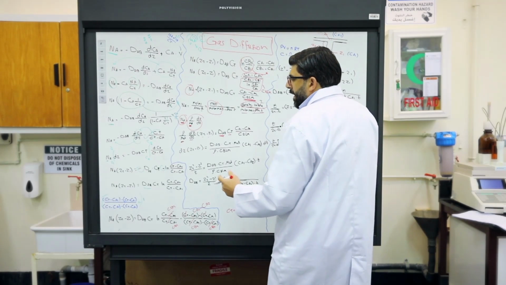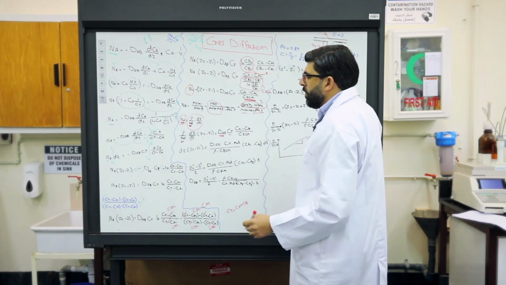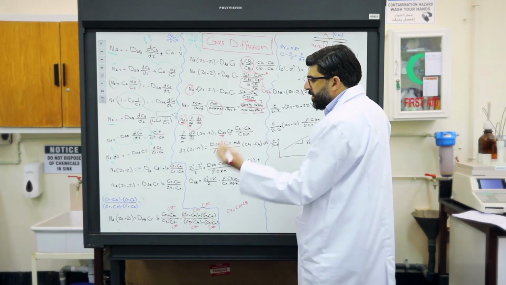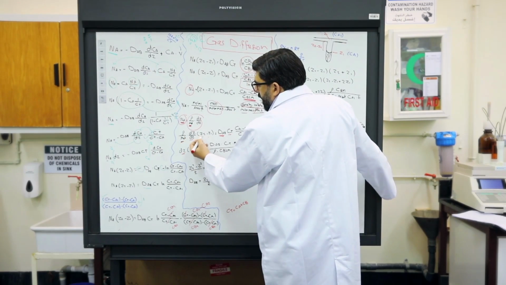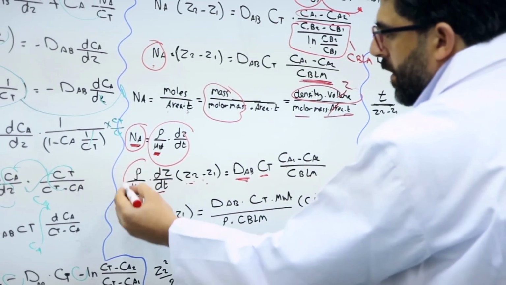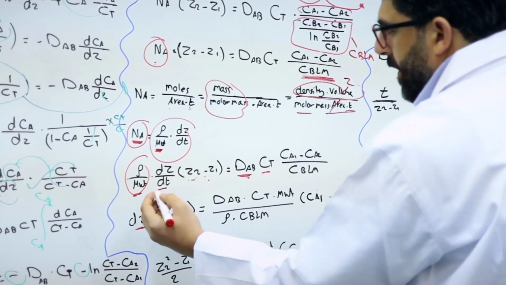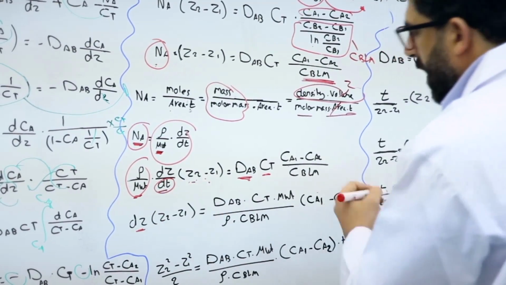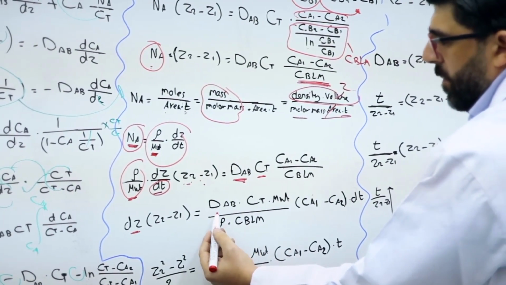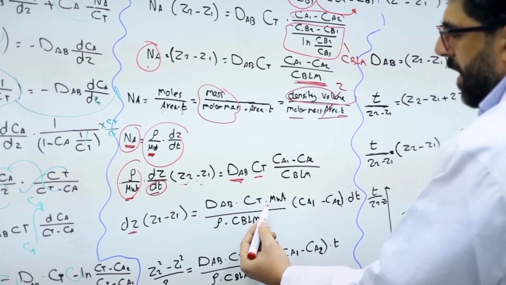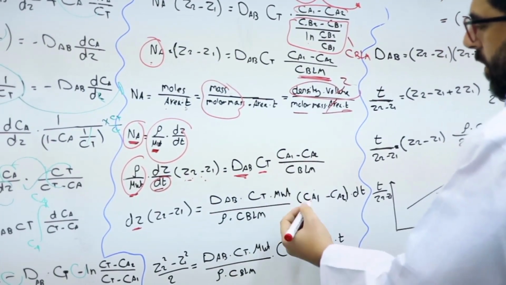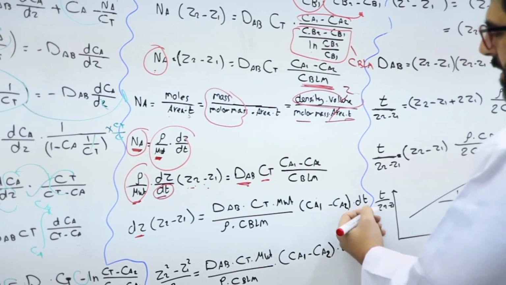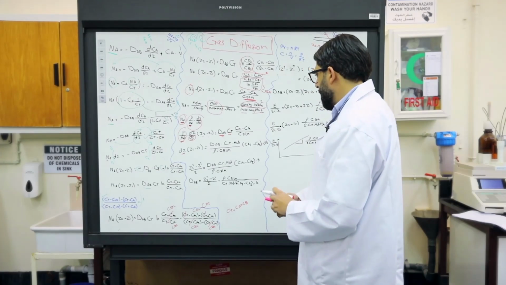So now we can rearrange the equation in order to do another integration. So Z dZ, we just moved this one and we move the t to the other part. So it will be DAB CT times molecular weight over density CLM, (CA1 minus CA2) times delta t.